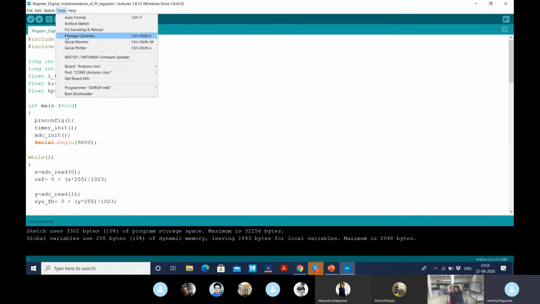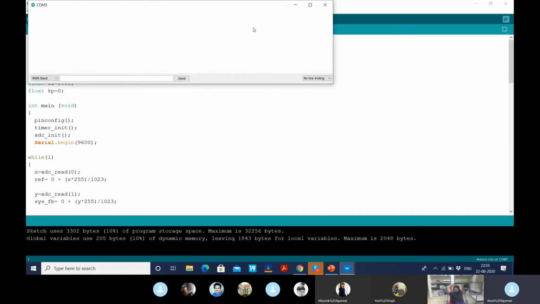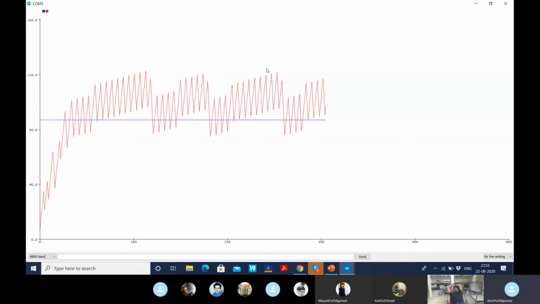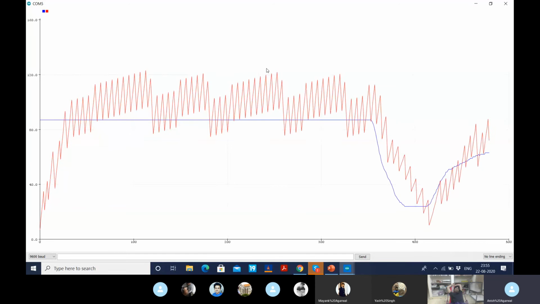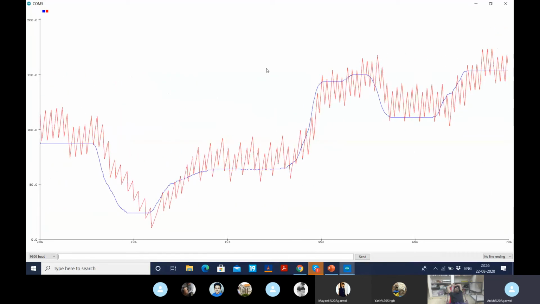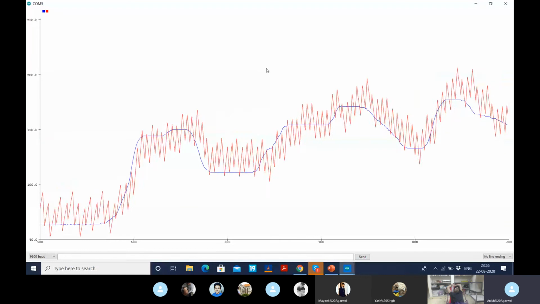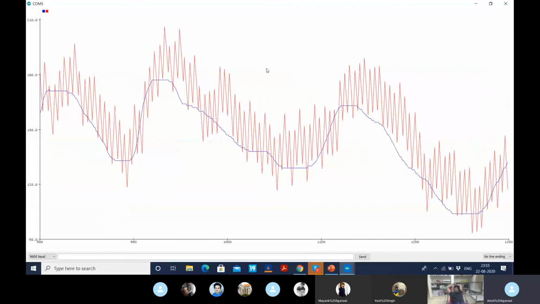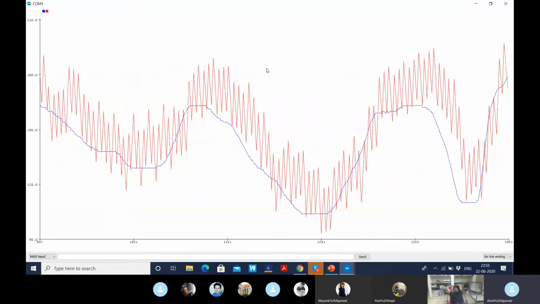The tools, the serial plotter. Okay, so this is my serial plotter. See, the blue line here is the reference voltage. Okay, and the red line there is my output, which is the PI regulator that I'm using, and the output is coming there.